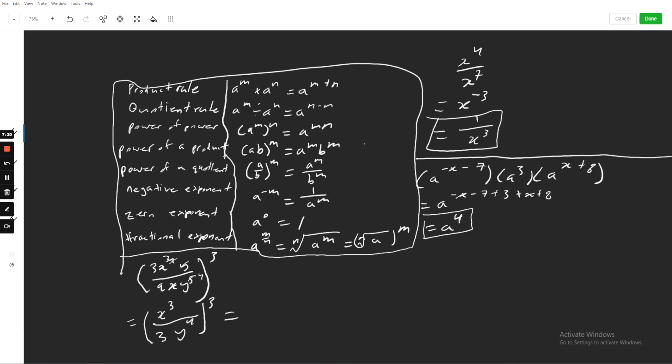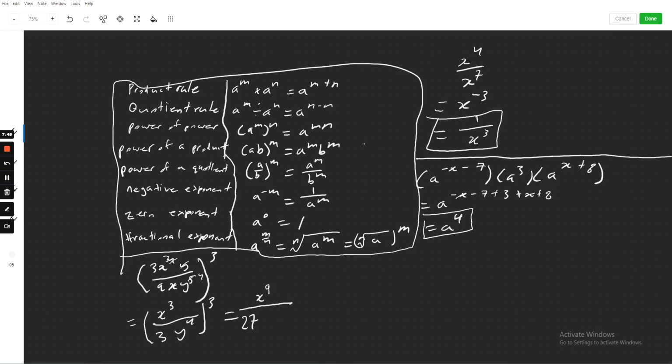Then what we use is the power of a quotient rule, where we distribute the cubed to both the numerator and the denominator. So this will become x to the power of 9, because it'll be the power of a power, m times n. 3 times 3 is 9, divided by 3 to the power of 3, so it'll be 27.